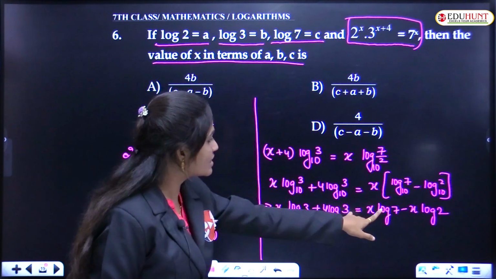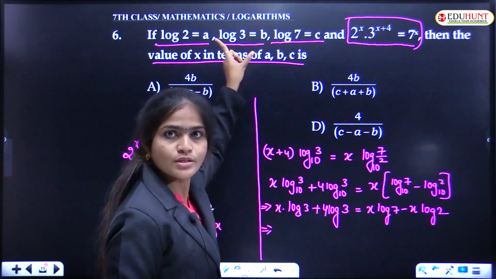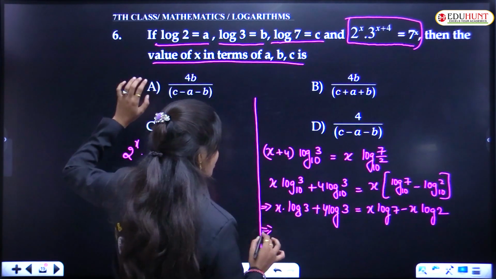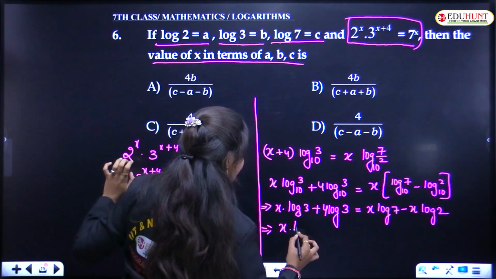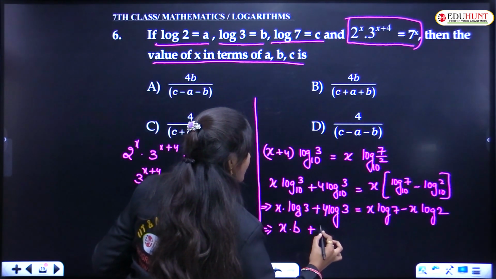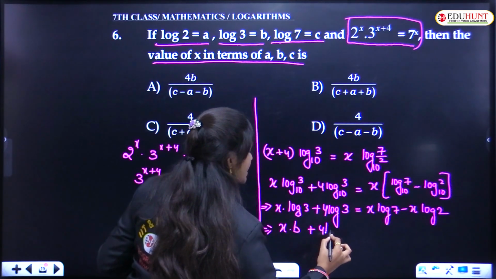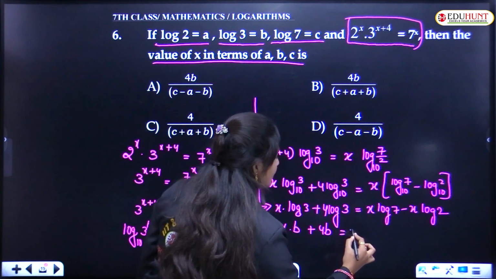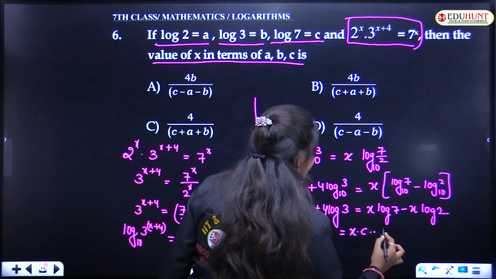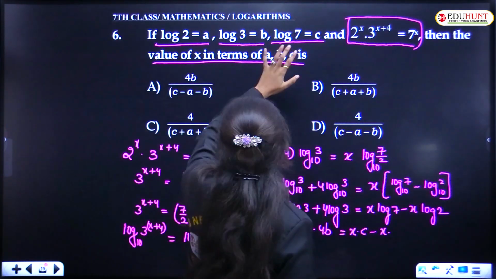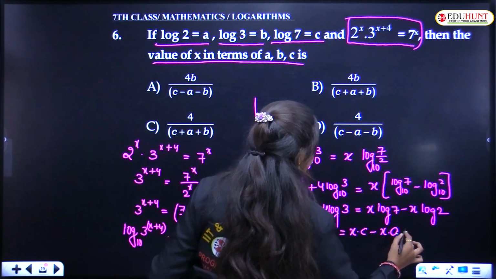Already we know those values, right? So x into log 3 is b, plus 4 into log 3, that is again b, which is equal to x into log 7, that is c, minus x into log 2, that is a.